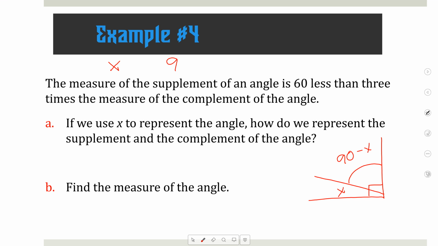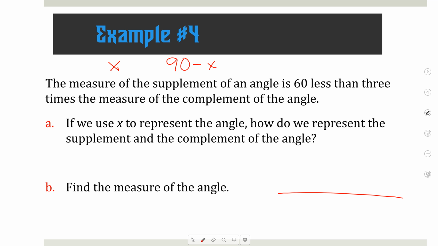That's called the complement. Okay. Next. If that's x, how big is the other angle? Beautiful. 180 minus x. I already answered that one earlier.